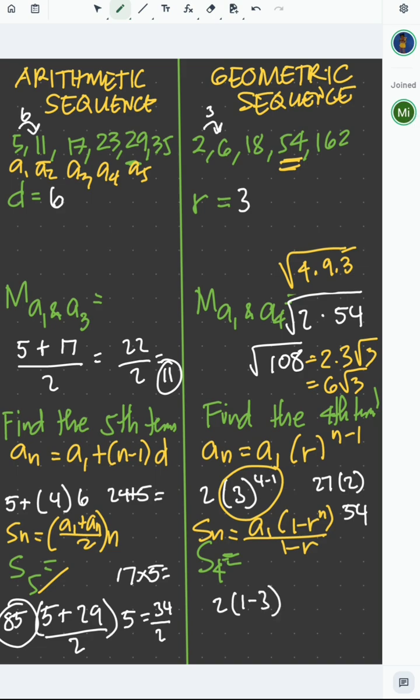1 minus r to the n. Your r is 3 to the n. So n is 4, right? So 3 to the 4.